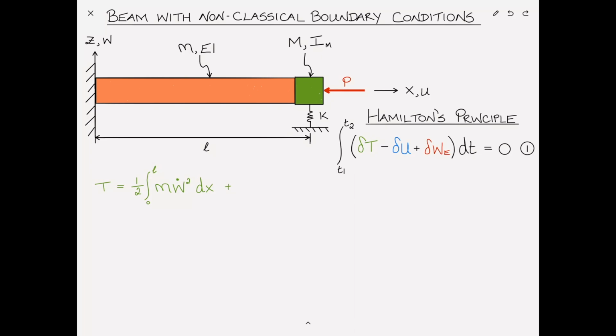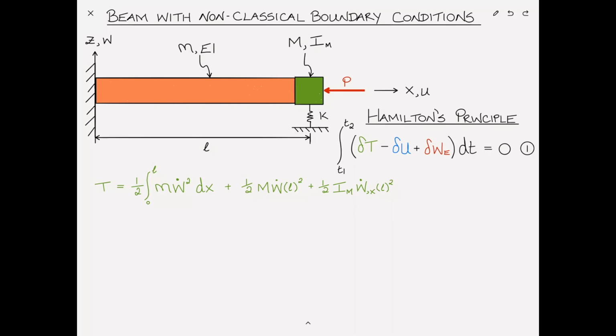Plus, we need to add the effects of the mass at the tip. That's 1/2 M times the velocity of the tip squared, which is w dot at L squared. Plus we need to account for the rotational kinetic energy of this discrete mass. So that is plus 1/2 I sub M times the rotational velocity at the tip, which is just w comma x dot at L squared.